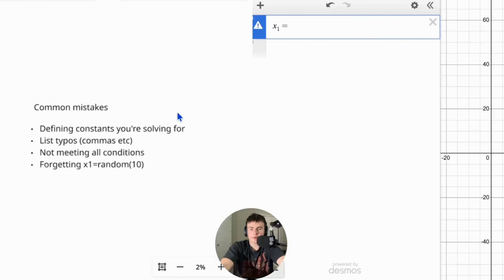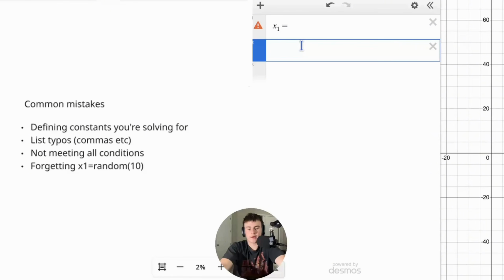By the way, percentages are a big use case of the list. Like, I don't know. Let me make up an example right now. Let's say the question says a is 30% of b, b is equal to 100, and b is 20% of c.